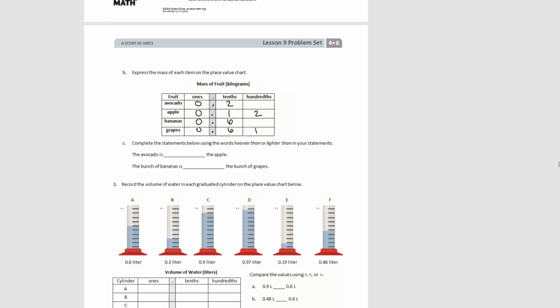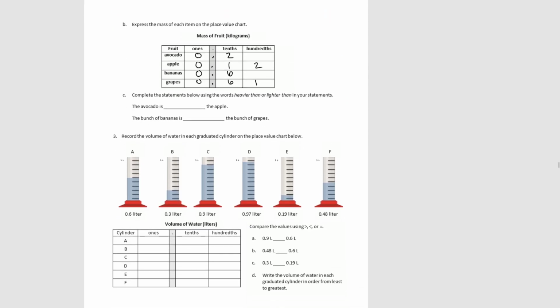Then using this data, answer C. So the avocado is heavier than the apple, since 2/10 is greater mass than 12/100, and the bunch of bananas is lighter than, not by much, but it's lighter than the grapes because 6/10 is less than 61/100.